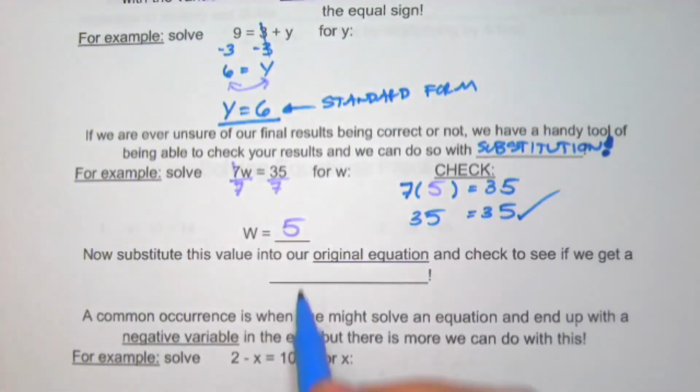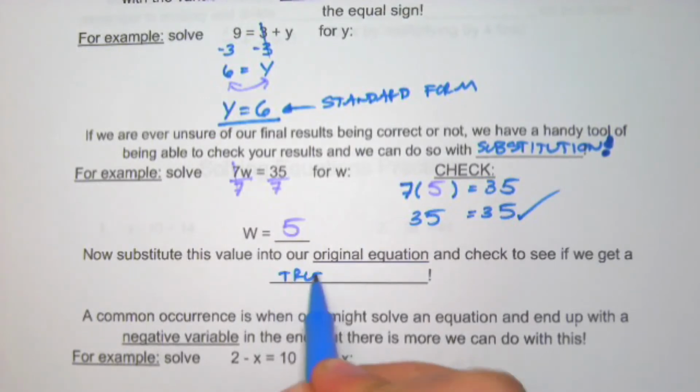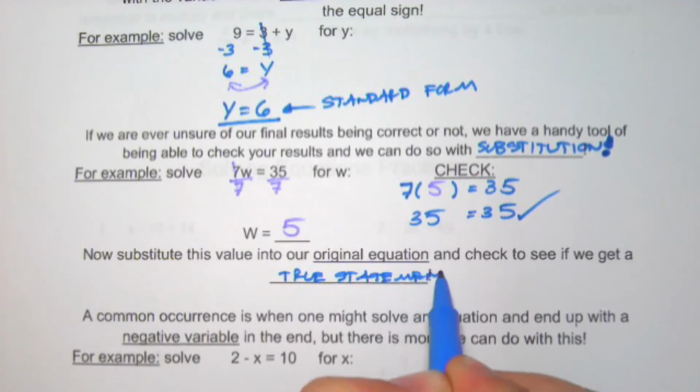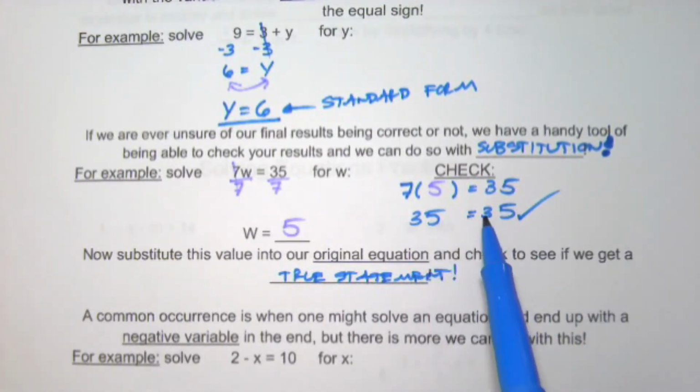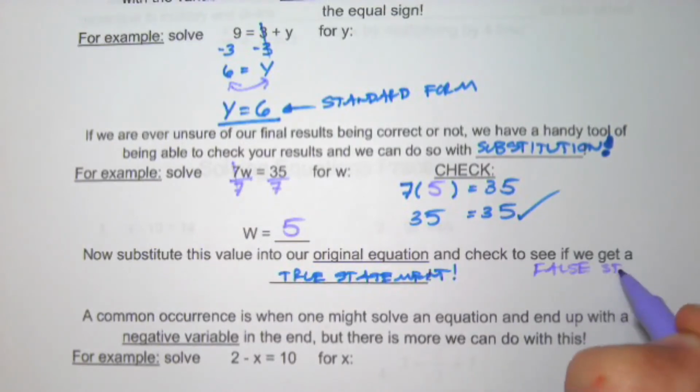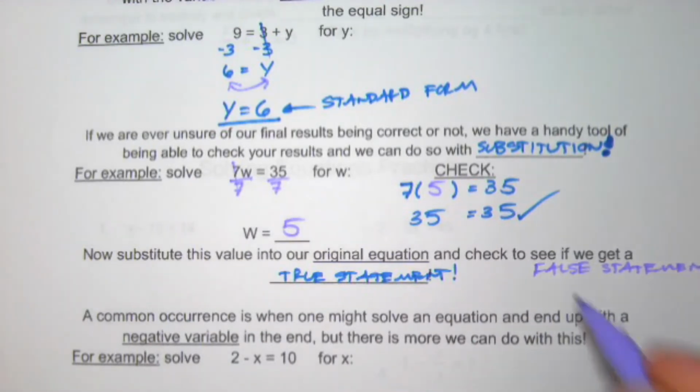It gave us what we call a true statement, being that each value on either side of the equal sign is the exact same. On the contrary, an example of a false statement, something that would tell us that we did that problem wrong, would be something like 17 equals 35, which we know is not true.